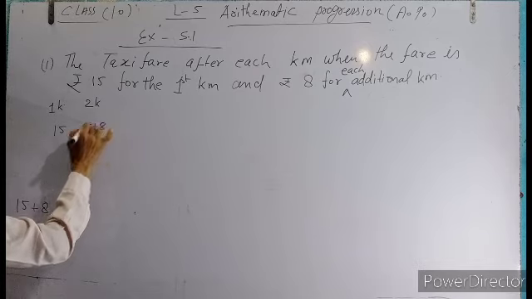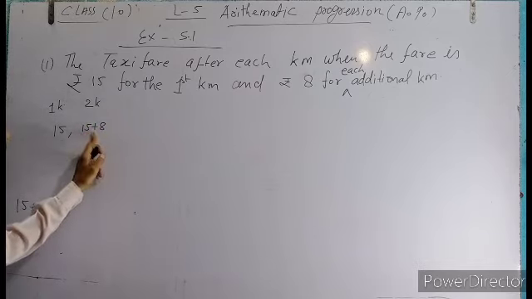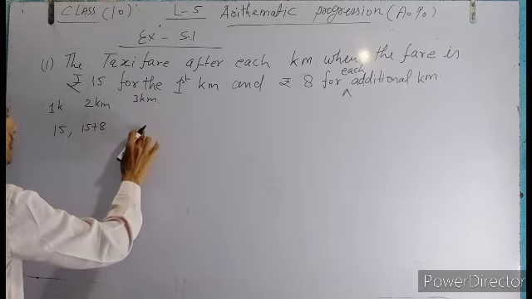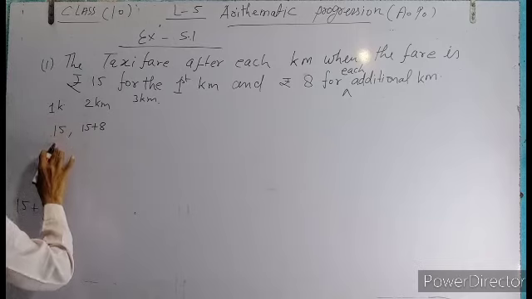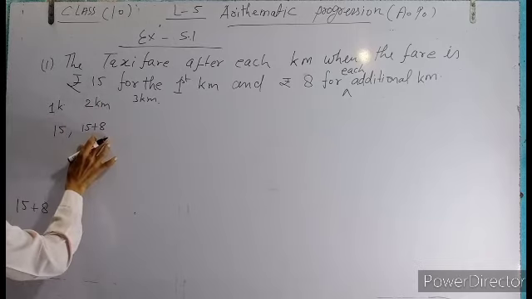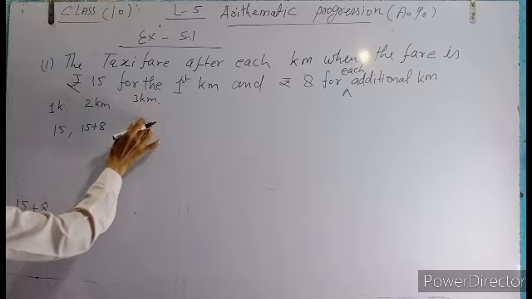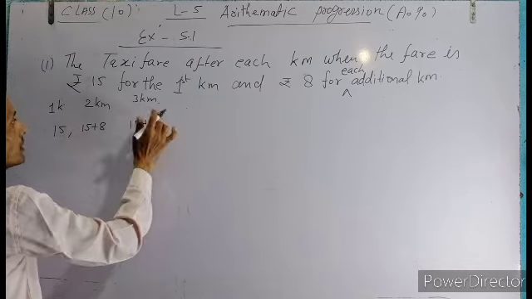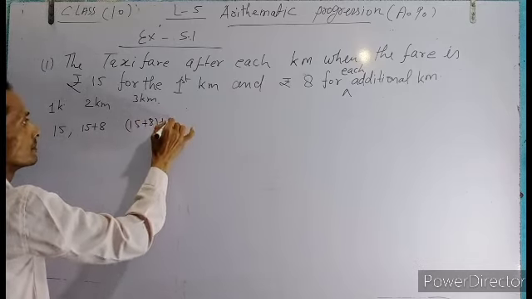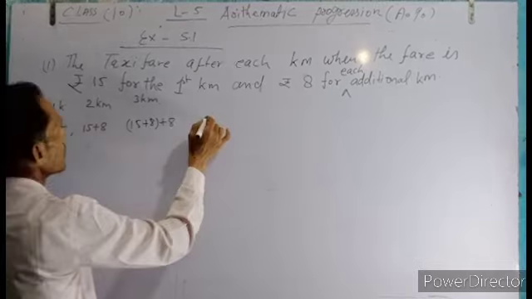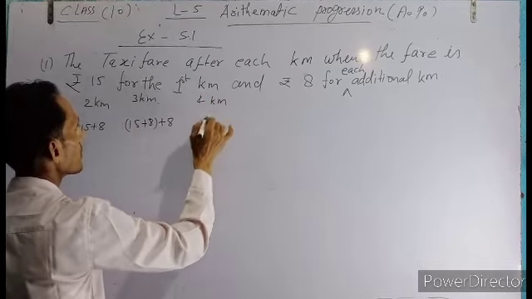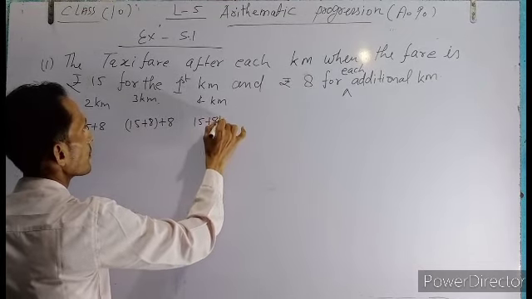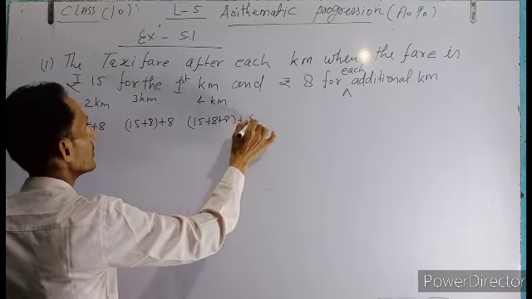For the second kilometer it is 15 plus 8. For the third kilometer it is 15 plus 2 into 8. For the fourth kilometer, again we add the 8 rupees.